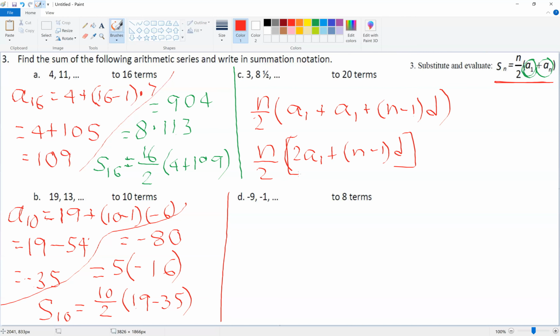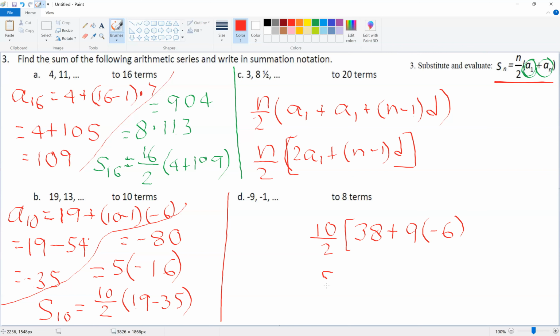Yeah. So it should have worked. So let's see, n is 10 over 2, 2a1, which is 38, plus, n is 10, so 9, and d is minus 6, correct?